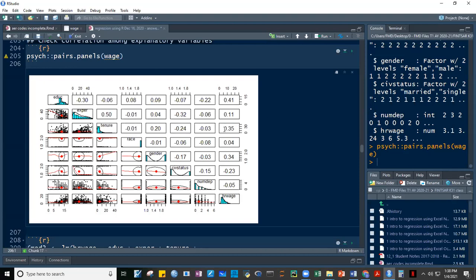Also with tenure, no? Mababa siya kay number of dependents, 0.05 lang. So these can also indicate that baka hindi maging significant regressor itong number of dependents. Also, the direction here, mga negative, ibig sabihin, negative yung relationship nila, which means that as one variable goes up, the other variable goes down. Negative yan.